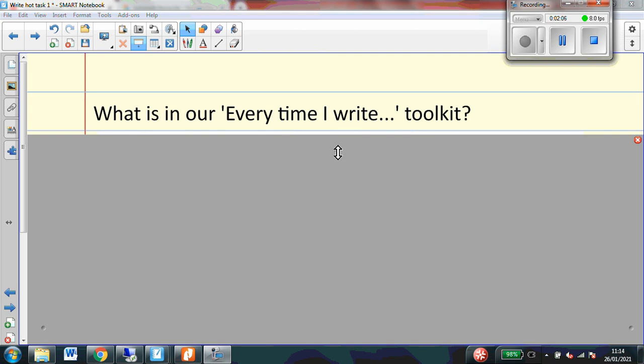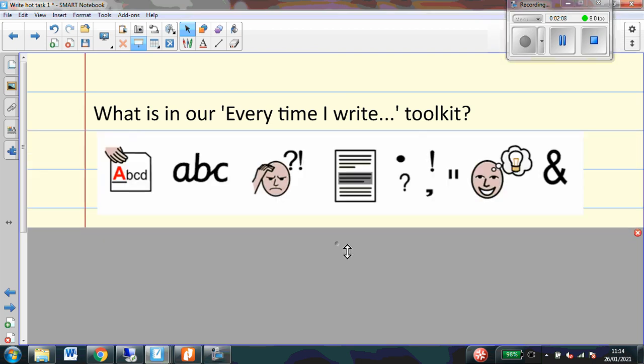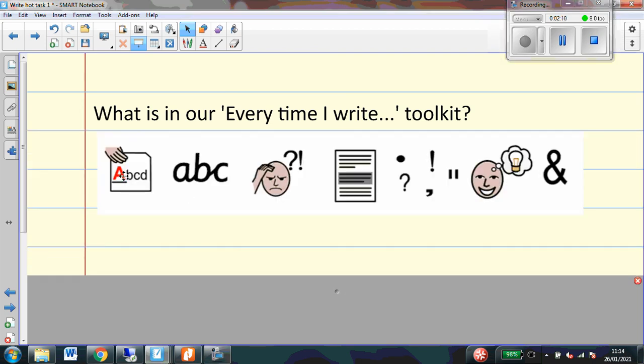So in our Every Time I Write toolkit, we need to make sure that all of our sentences start with a capital letter. What else has to start with a capital letter within our story? Well done if you've realised that it's a proper noun, so any names.